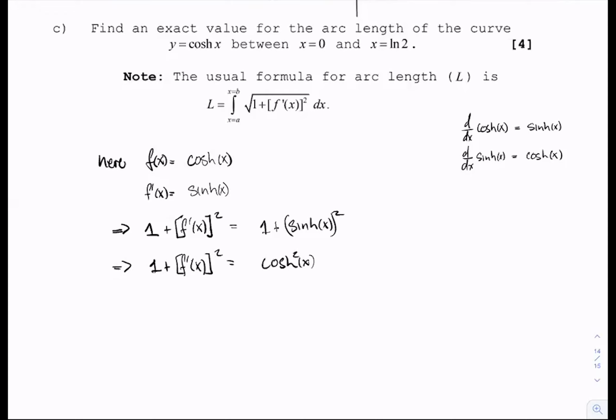We know that 1 plus sinh of x squared is equal to cosh of x squared.